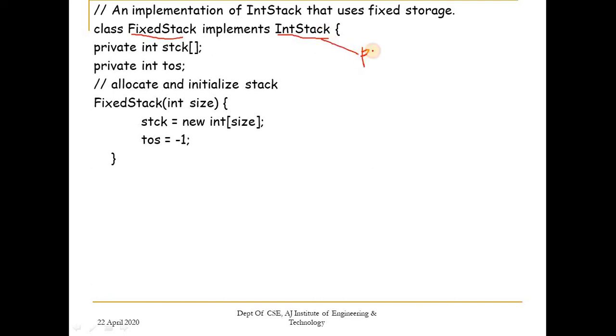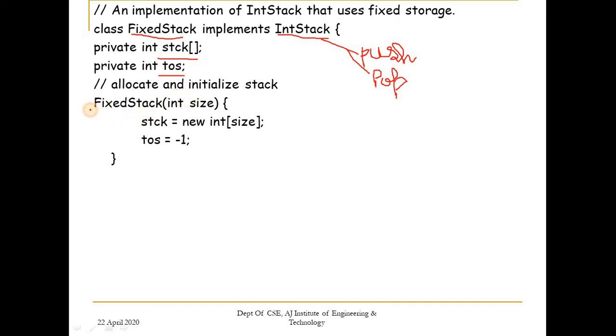Supposed to implement both these methods, that is push as well as the pop method of the int stack interface. Okay, so we have this array here, stack array, which is of type integer, and also we have top of stack variable which is going to represent the top of stack.